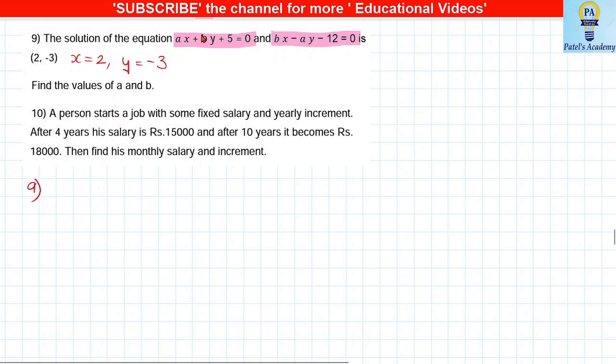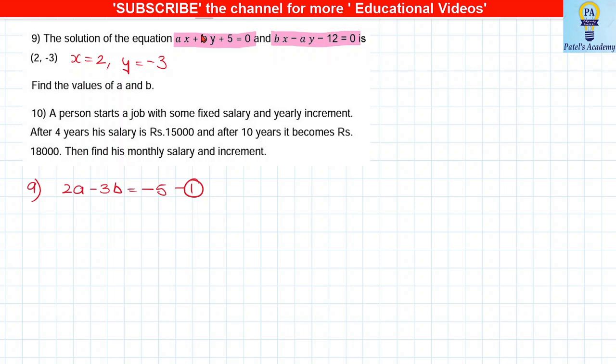Let us take the first equation. I'm putting x as 2, so I'll get 2a, and the value of y is minus 3, so minus 3b, and I'm shifting plus 5 to that side, so I'll get minus 5. So I'm directly substituting and forming the equation.